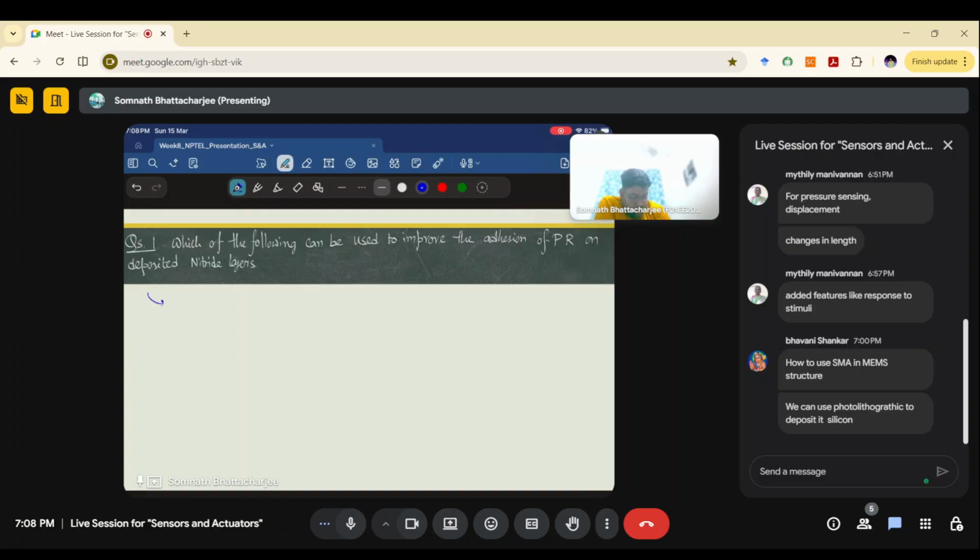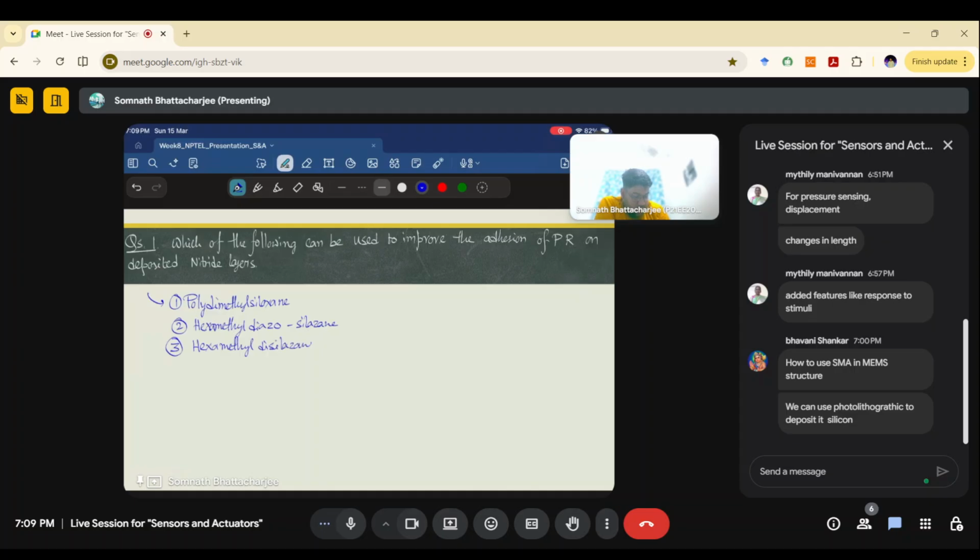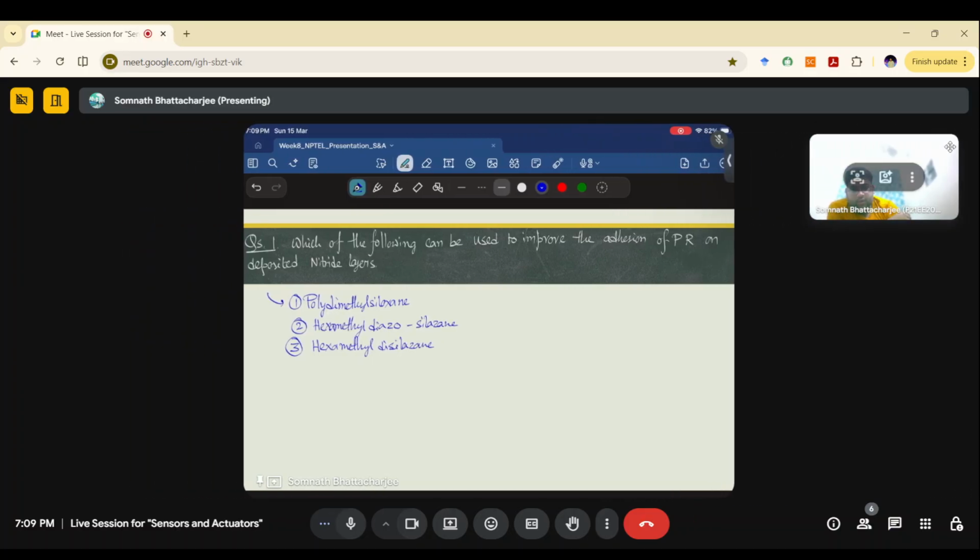The first option is polydimethylsiloxane, the second option is hexamethyldisiloxane, and the third is hexamethyldisilazane. Which one is best to improve the adhesion of PR? I have already discussed this.